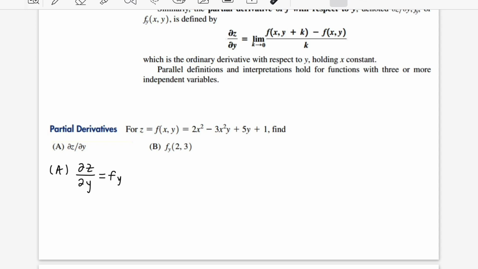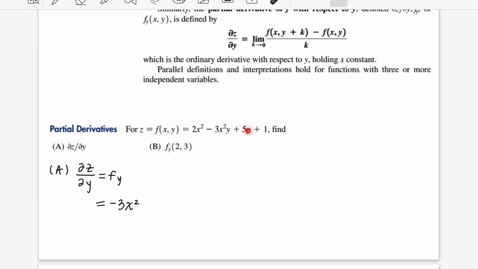So doing so, this term here, 2x squared, that's going to be a constant since x is a constant, so that's 0. This guy here, we treat 3 and x as a constant, so this will just be minus 3x squared times y. Taking the derivative of a constant times y, we're just left with that constant. So we'll get negative 3x squared.